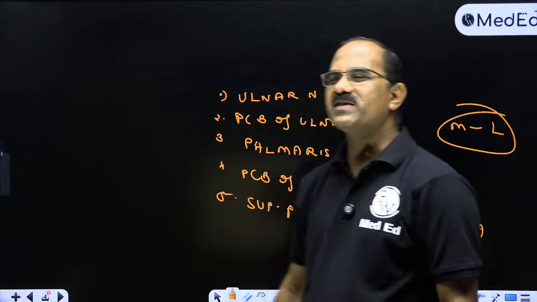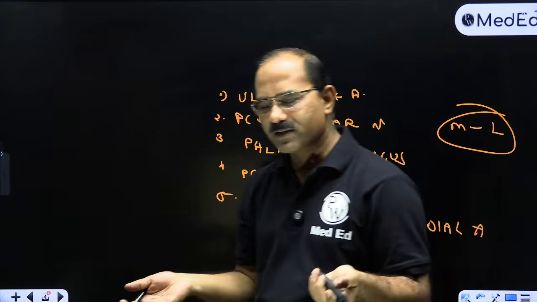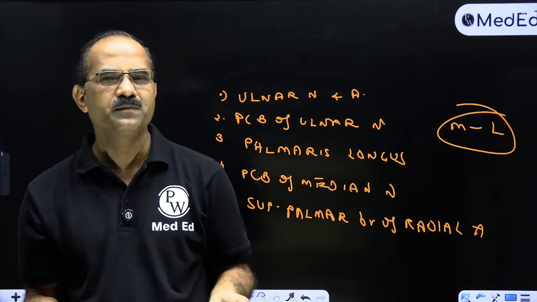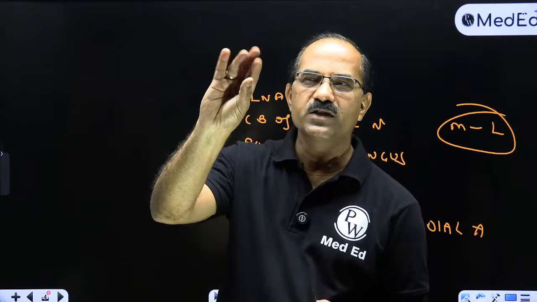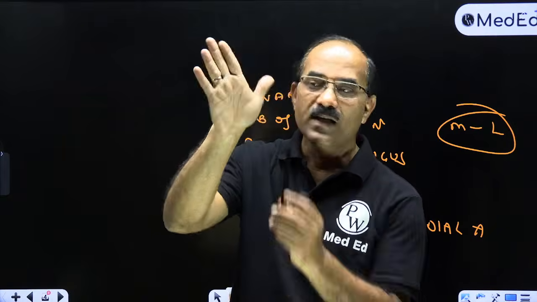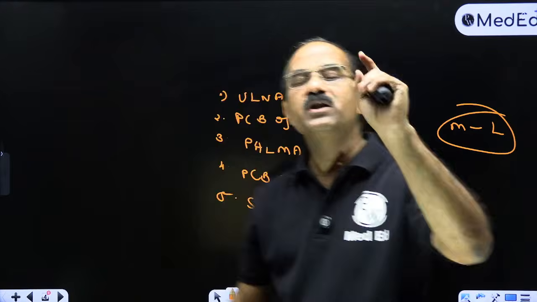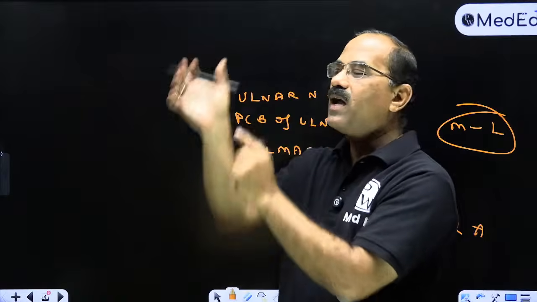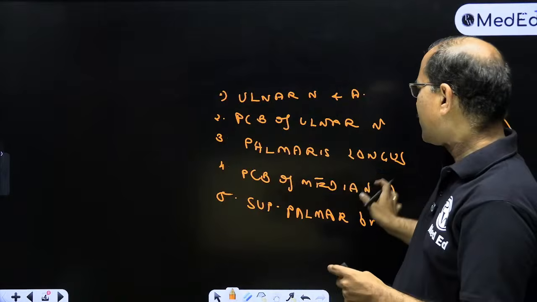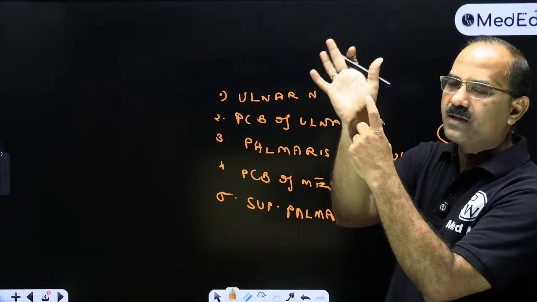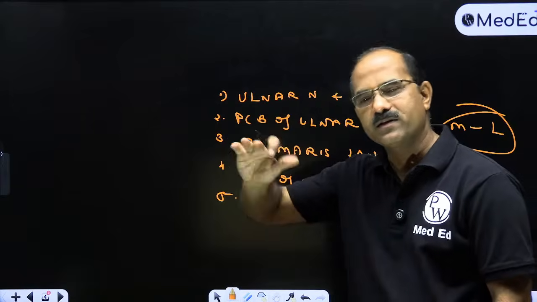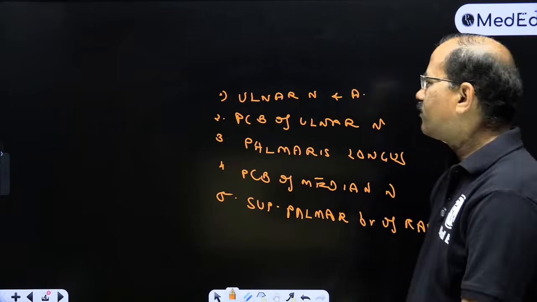You should know this; it can come in any form, even as a clinical question. A person complains of loss of sensation over 3.5 fingers, but sensation over the thenar eminence is intact. It means the median nerve is compressed in the carpal tunnel, and the palmar cutaneous branch of the median nerve goes over the flexor retinaculum and supplies it. Okay, clear to all of you?